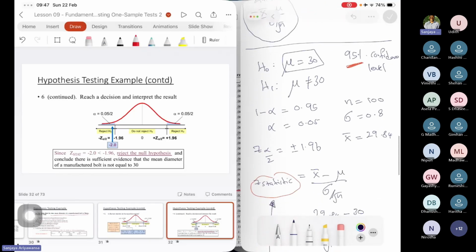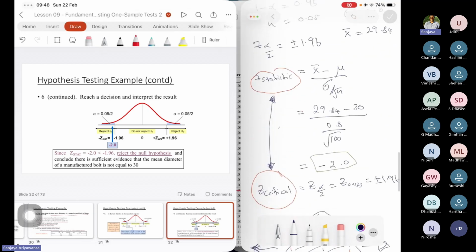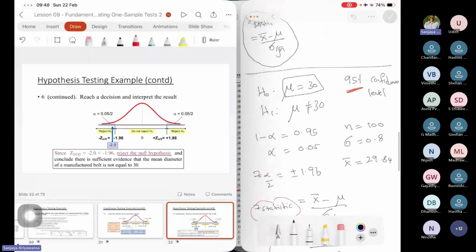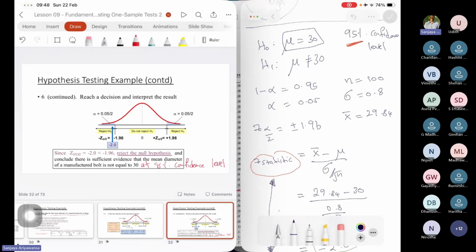Because we have sufficient evidence to say that the population mean of the manufactured bolt is not equal to 30, and there's something missing here, which I haven't written, at 95% confidence level, because all of these calculations were made assuming a 95% confidence level.